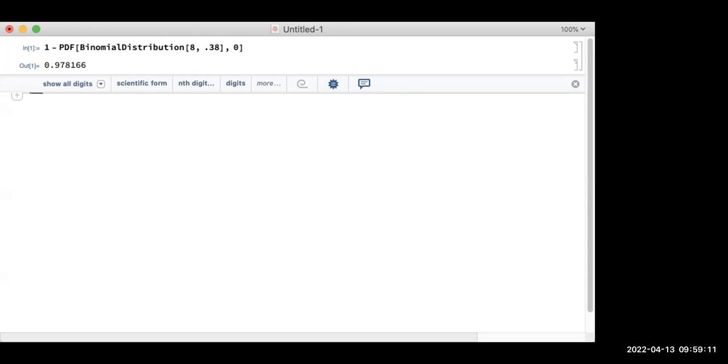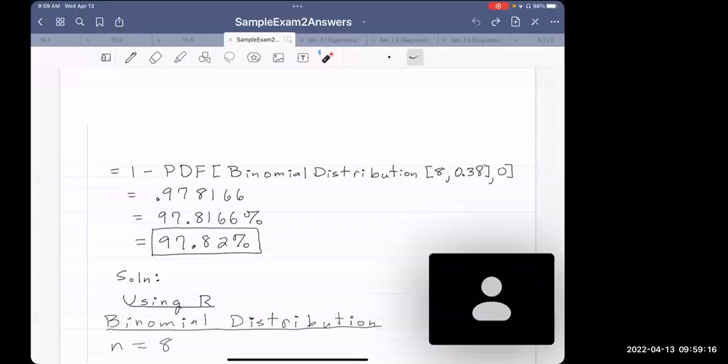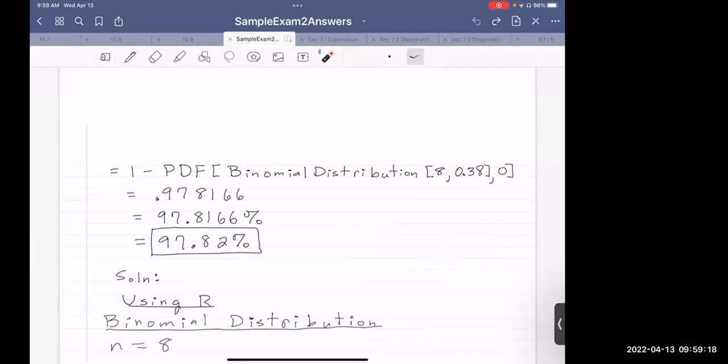Let me type that into my computer. Move my decimal place 2 places to the right. So I have 97.8166%. Rounding to the nearest hundredth of a percent, I have here 97.82%.